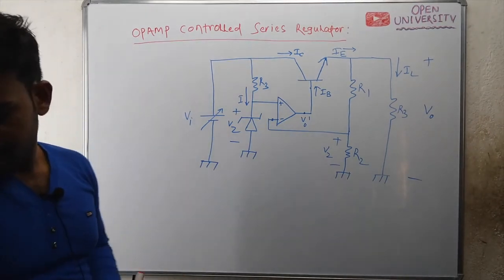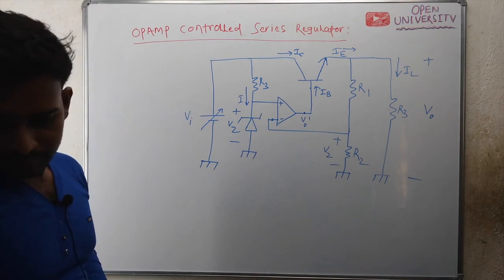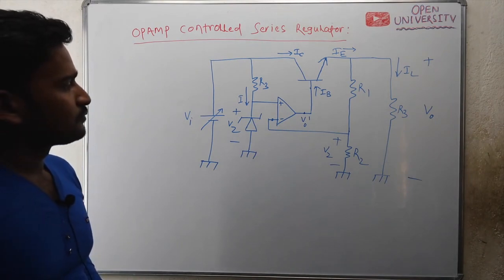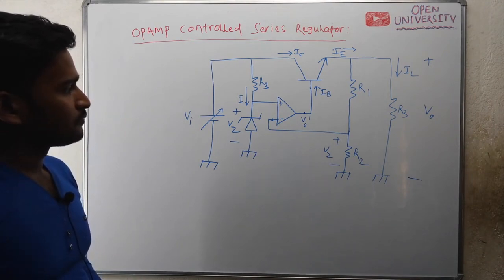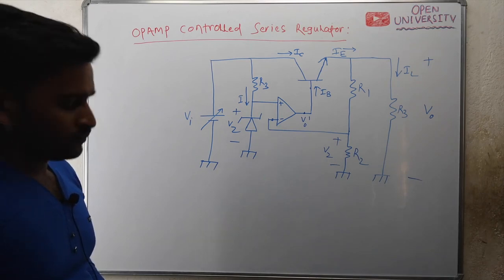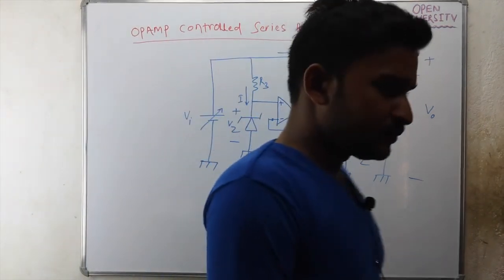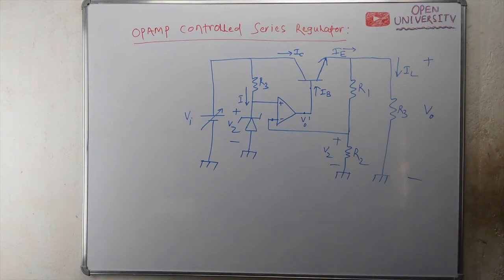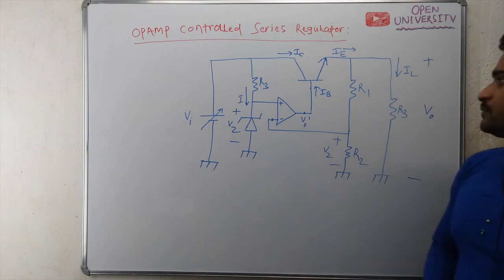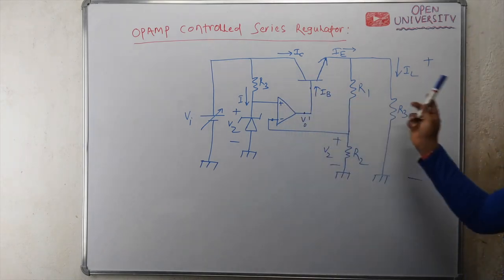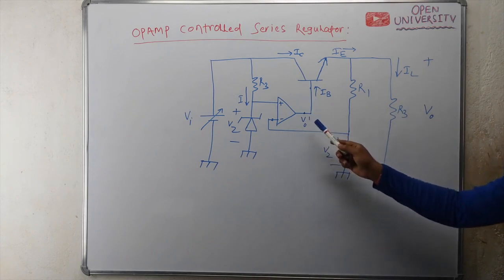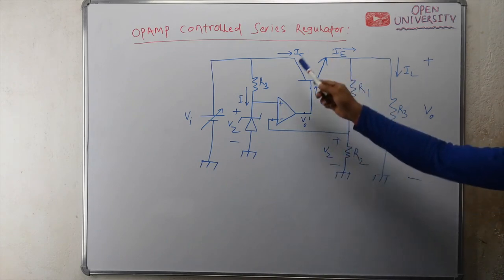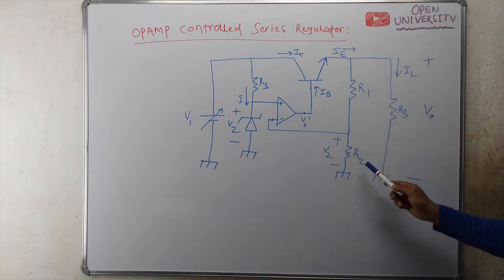Draw this diagram. This is R3, this is your op amp, and this is a transistor, R1, R2, this is R3.